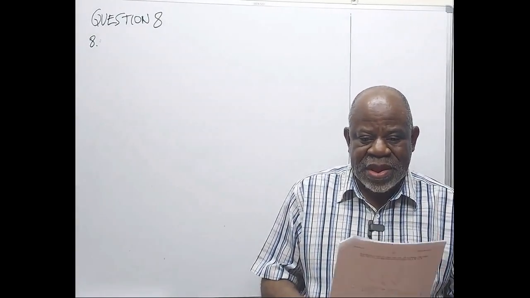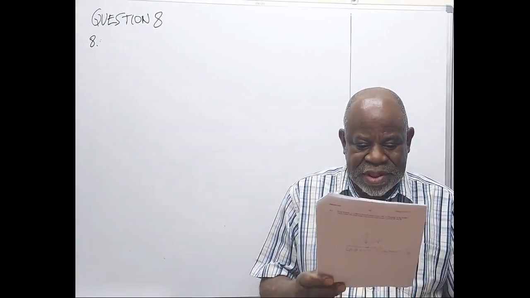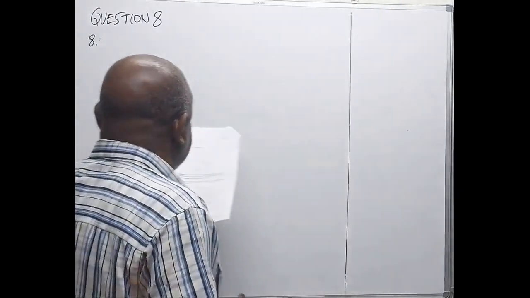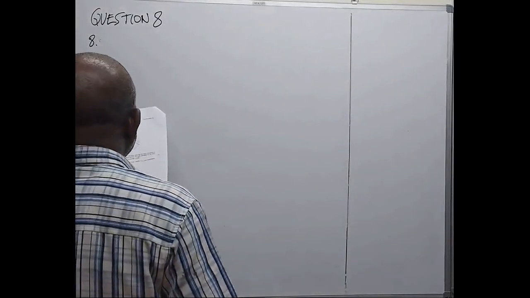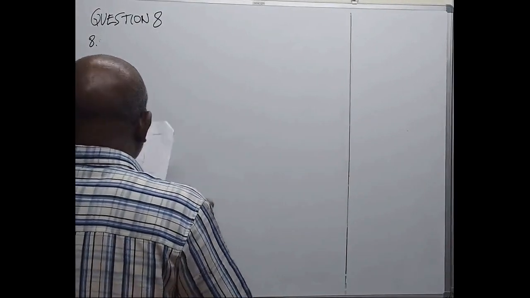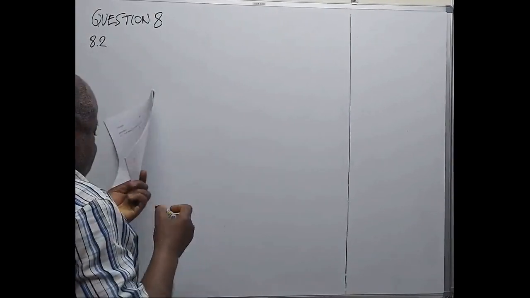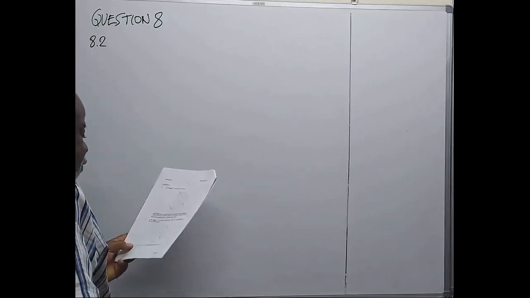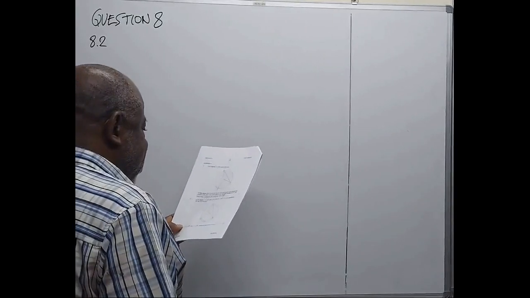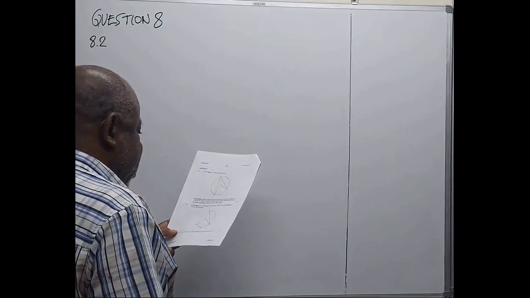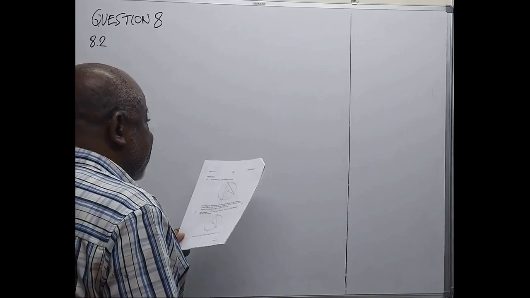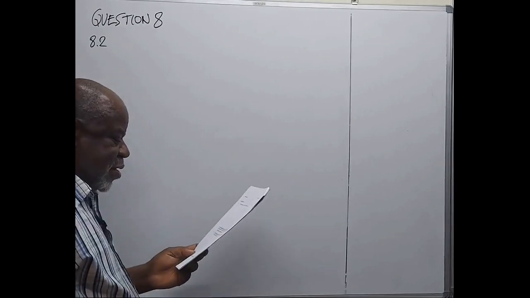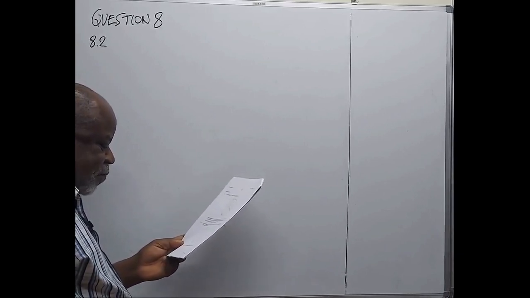Okay, so we're going to the next question, and that is 8.2. I'm going to read the question. In the diagram, O is the center of the circle, and ABCD is a cyclic quadrilateral. OB and OD are drawn.